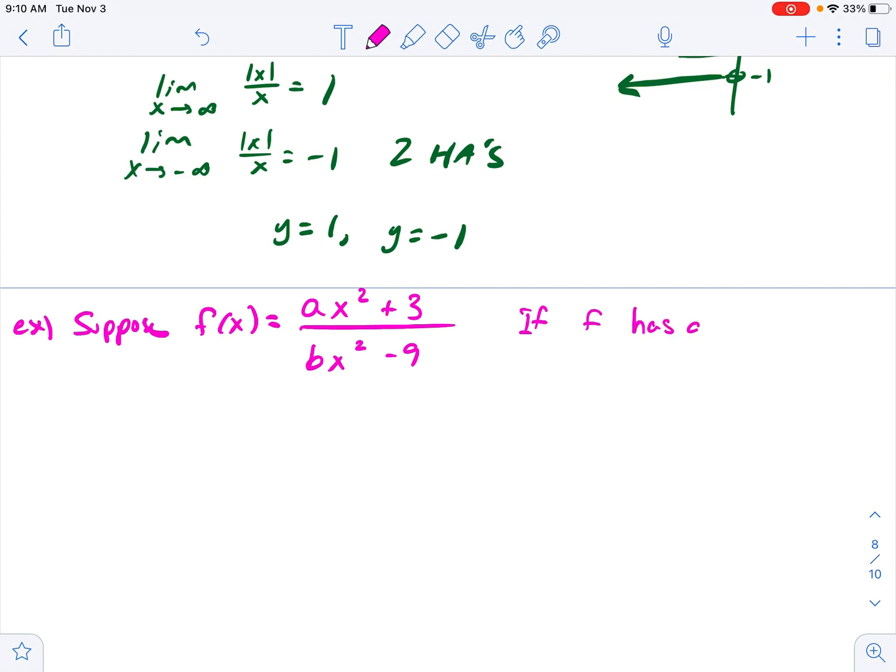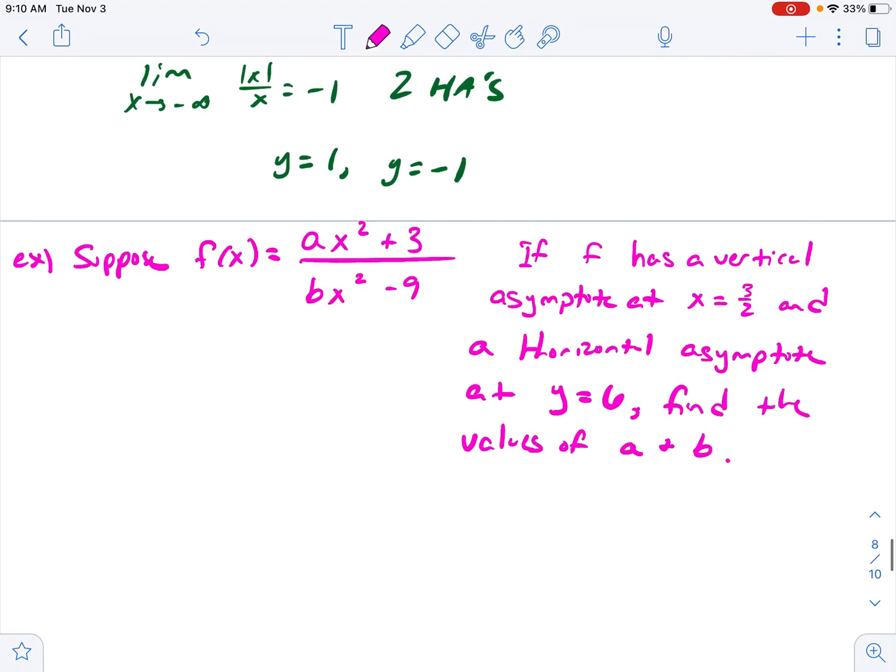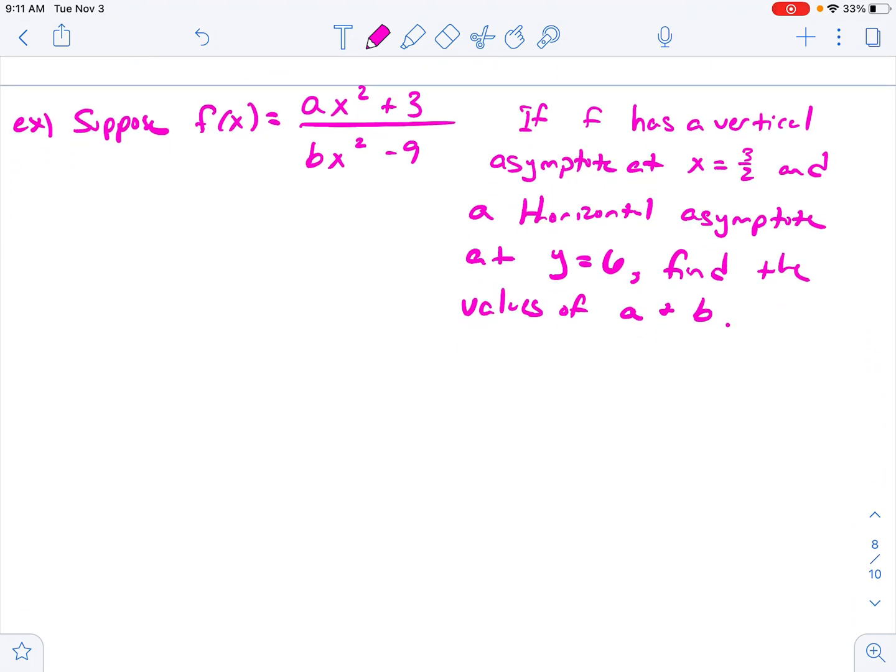If f has a vertical asymptote at x equals 3/2 and a horizontal asymptote at y equals 6, find the values of a and b. Okay, so based on this information, we should be able to figure out what those coefficients a and b are. So two pieces of information we're given.